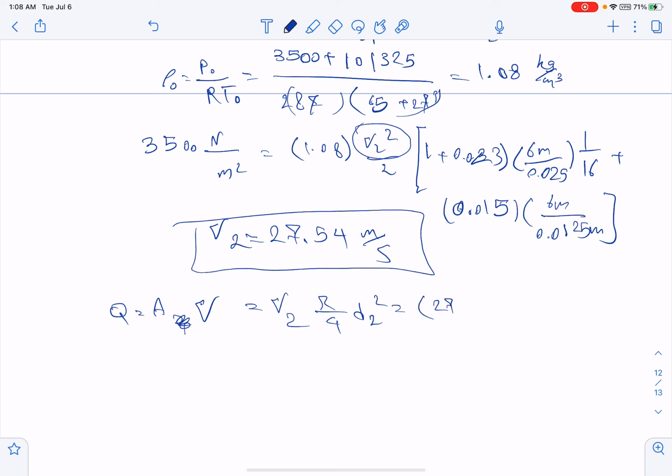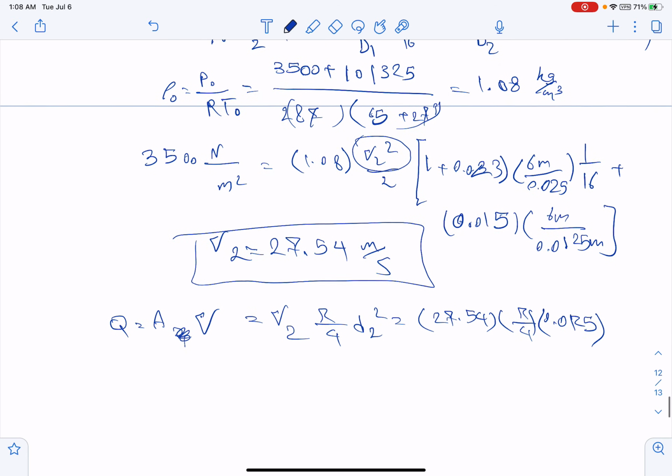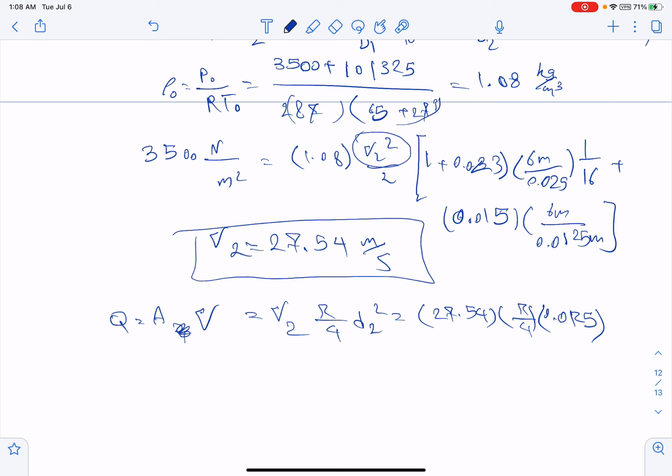These are the values that we have. From here, Q is going to be 0.0038338 cubic meters per second. So this is what you need to know about this question.